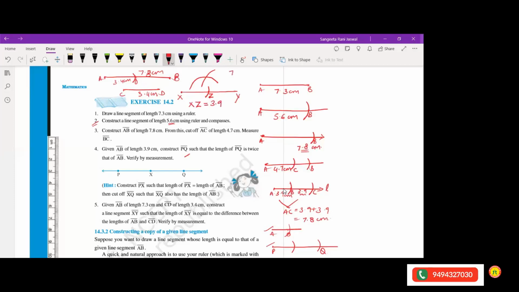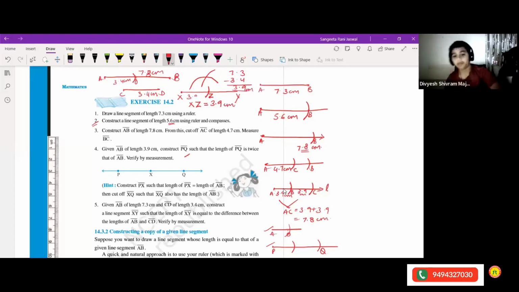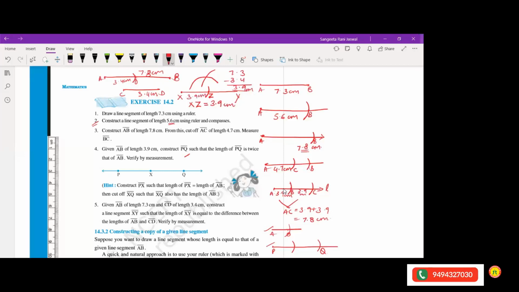Okay, so is the difference the same? If I subtract 3.4 from 7.3, do I get 3.9? I get 3.9. Is it? Yes, ma'am. So this is now 3.9 centimeters.